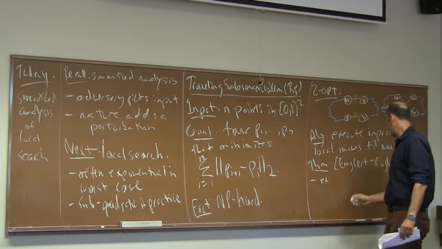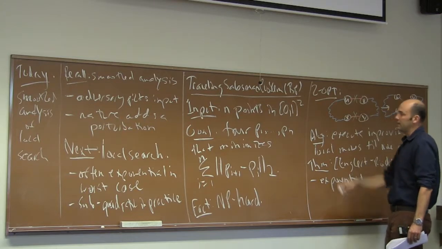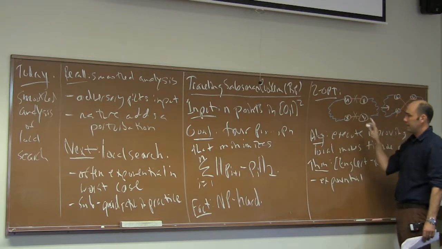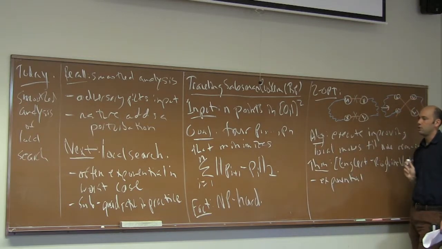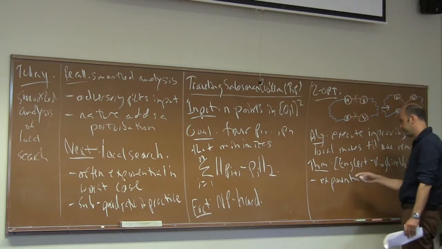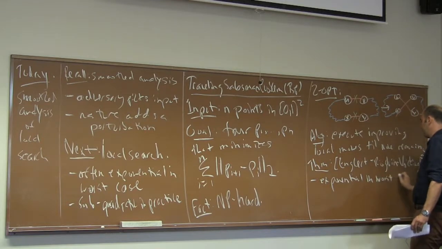So the first thing Englert et al. prove is that indeed, even in the special case of points in the plane with the L1 metric, and even for this particular 2-op neighborhood, local search can, in the worst case, require an exponential number of iterations before halting at a locally minimum tour. Okay, so exponential in the worst case.